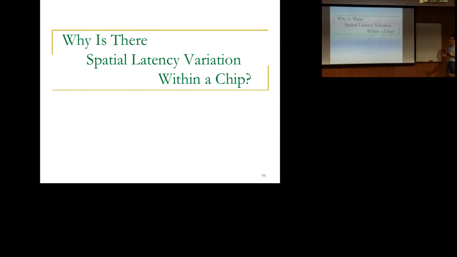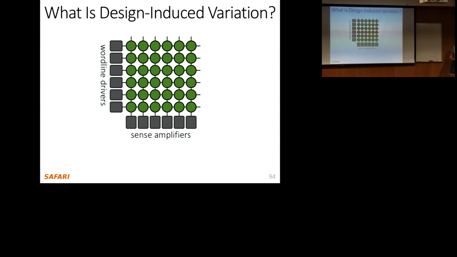Okay, I'm not going to answer every possible spatial latency variation, but there's some systematic spatial latency variation within a chip that we're going to look into. That's really caused by how close a cell is to the sensing structures. If you look at this picture, and the paper has much nicer pictures with many subarrays that we just aren't able to fit here, one subarray will give you the basic idea.